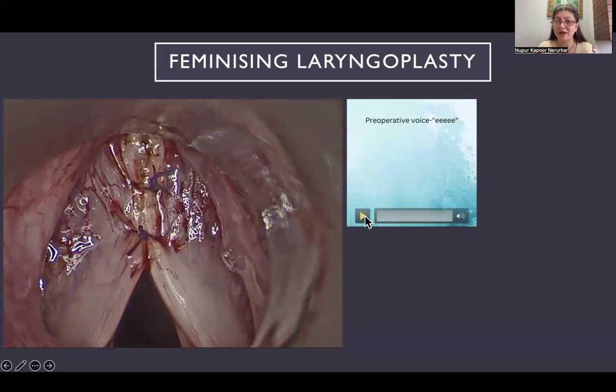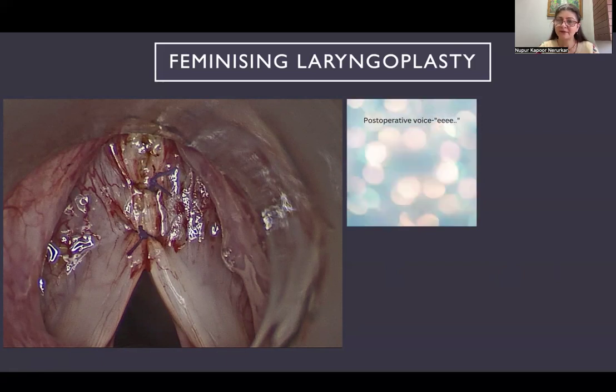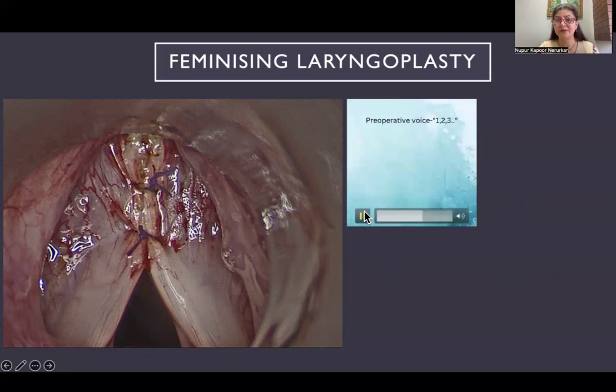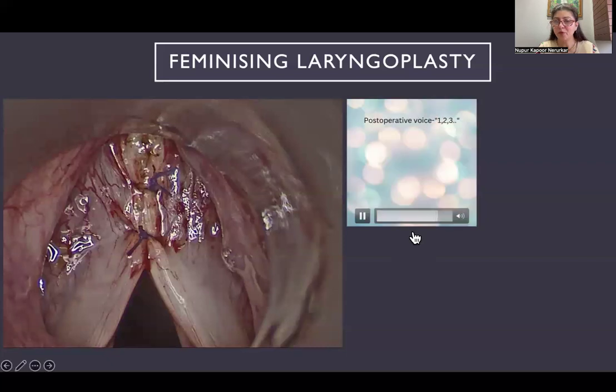This is the voice pre and post-op. This is the masculine voice. And this is when the web has been created. 1, 2, 3, 4, 5, 6, 7, 8, 9, 10.